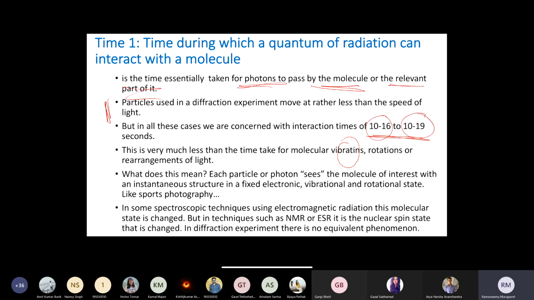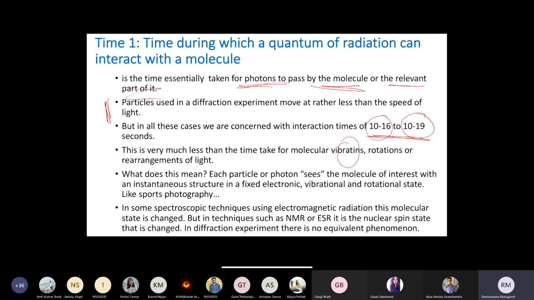So what does this mean? This really means that each particle or photon sees the molecule of interest with an instantaneous structure in a fixed electronic, vibronic, or vibrational and rotational state. Something pretty similar to what I said some time ago, sports photography. So the photon interacting with the molecule is a process that happens in a fixed electronic state Ex, Vx, Rx.